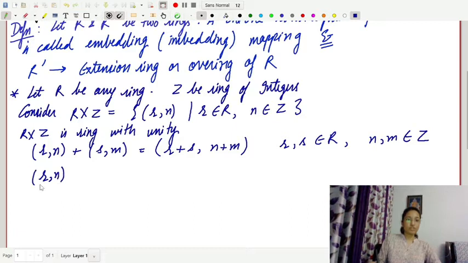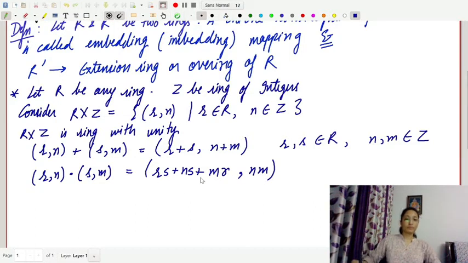Similarly, multiplication is defined in a unique way, that is (rs plus ns plus mr, nm). These are elements of the ring, because the composition of ring element multiple n times and ring element multiple m times belongs to R, and this belongs to integers, therefore it is well defined.